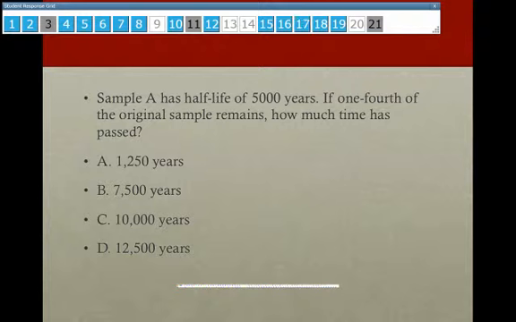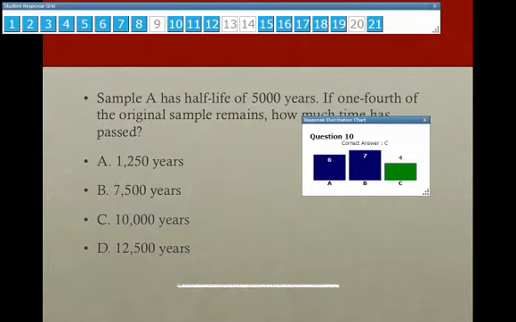This one tripped up some people earlier. The answer is C. Yes, 10,000. Think about how many half-lives have gone by.